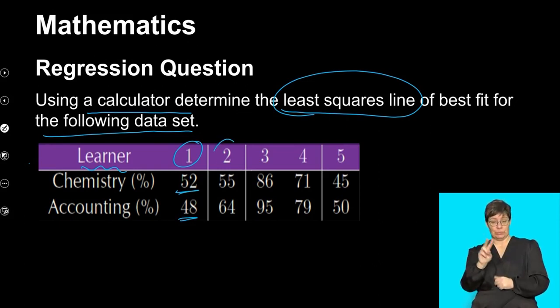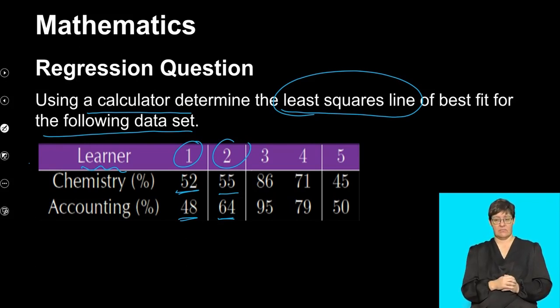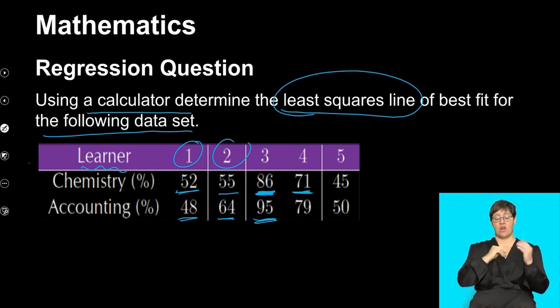Lena 2, chemistry mark was 55%, and accounting 64. Chemistry 86, accounting 95. And we have 71 for chemistry there, 79 for accounting. Lastly, 45 chemistry, and 50 for accounting.